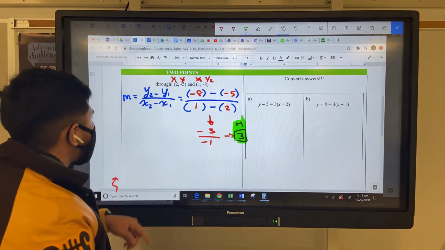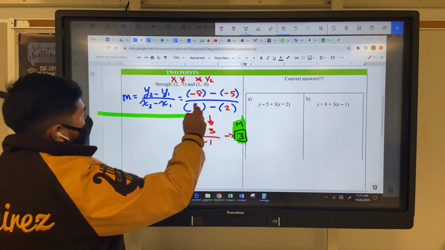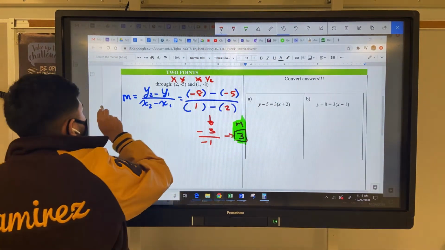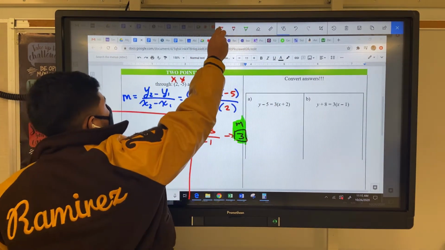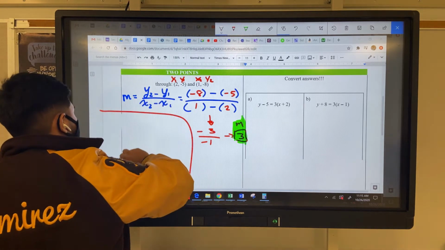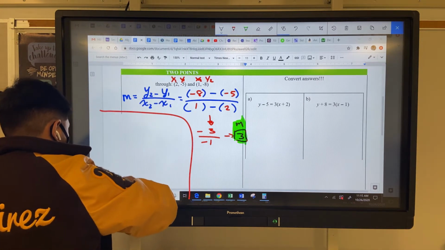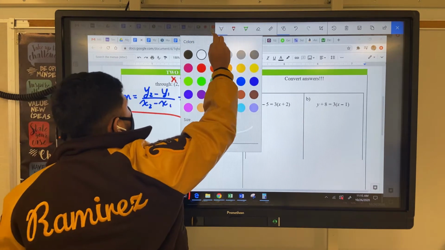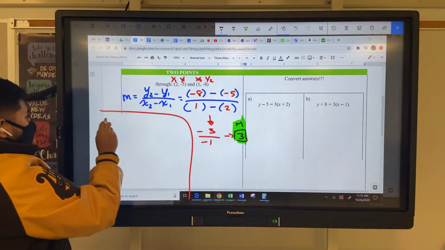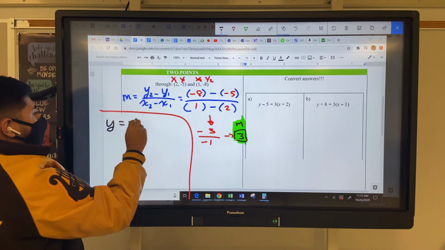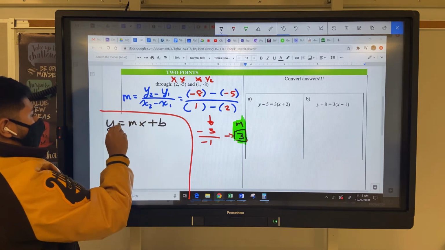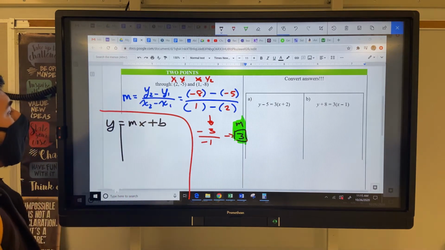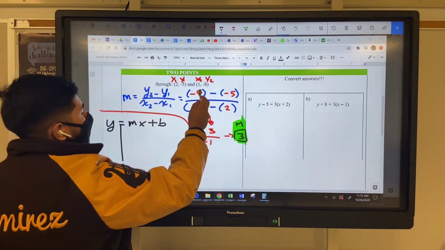All right. Now let's work it out with y equals mx plus b. Let's use one of the points.